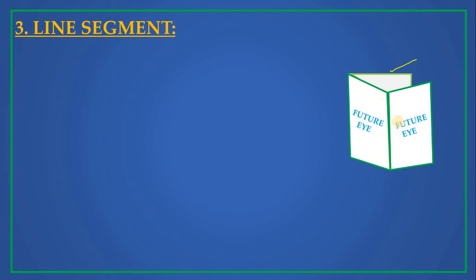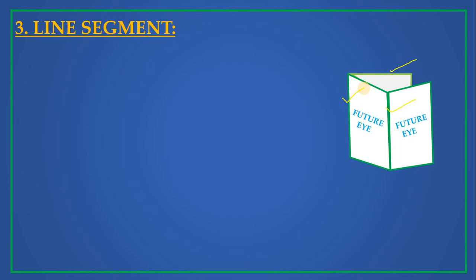Wherever I have marked, you can see some edges in the postcard. Those edges give an idea of a line segment. For example, if you take your notebook, it has edges, or a textbook, it has edges. All those edges give an exact idea of a line segment.